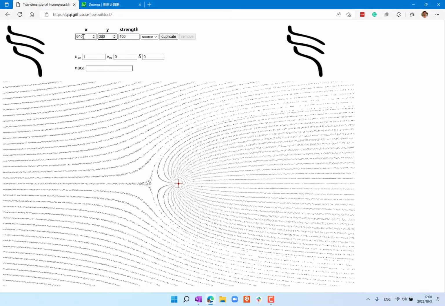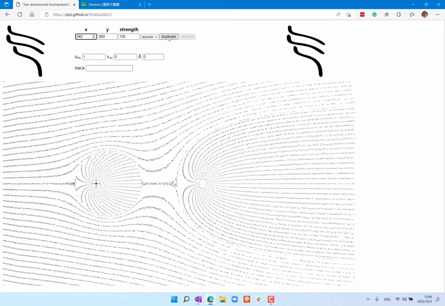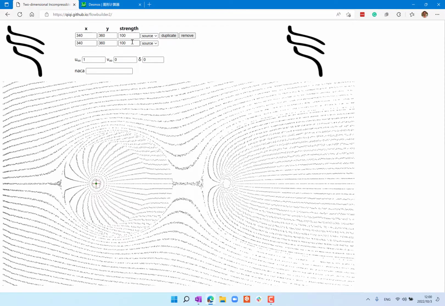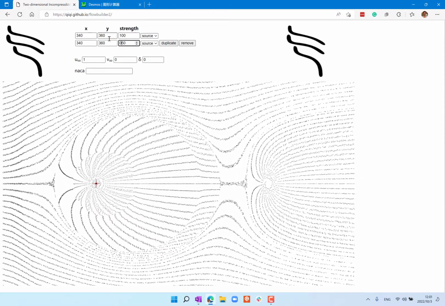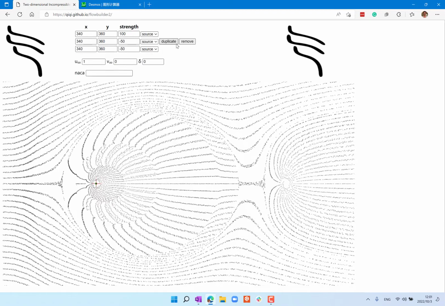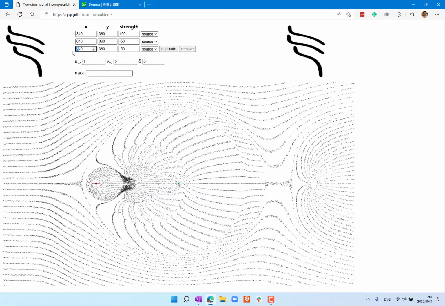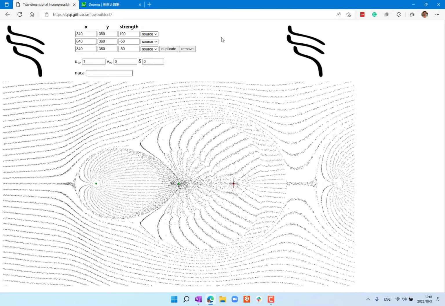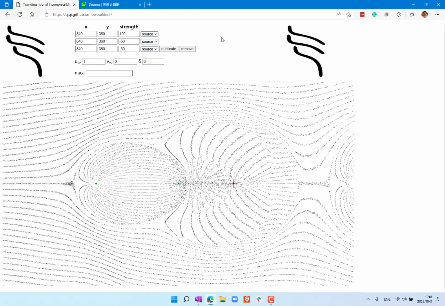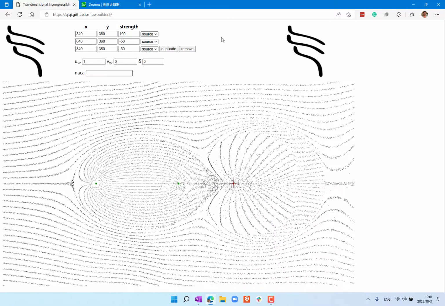And of course, you can move this upstream a little bit. Let's move it here. And if you duplicate and make a sink of, let's say, negative 50, and duplicate it even further and make it further downstream, right? So I'm basically giving a source upstream and 2 sinks downstream that exactly balance it.